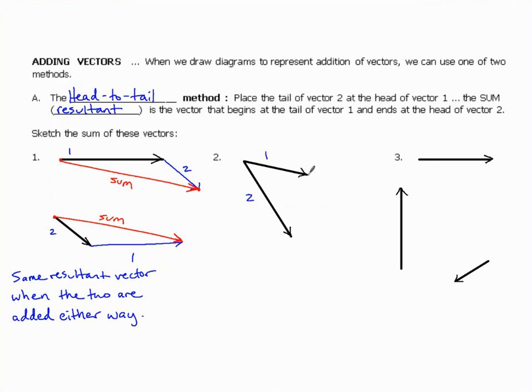So right here, there's vector 2. And the sum, or the resultant vector, would start at the tail of number 1 and end at the head of number 2. There's our sum.